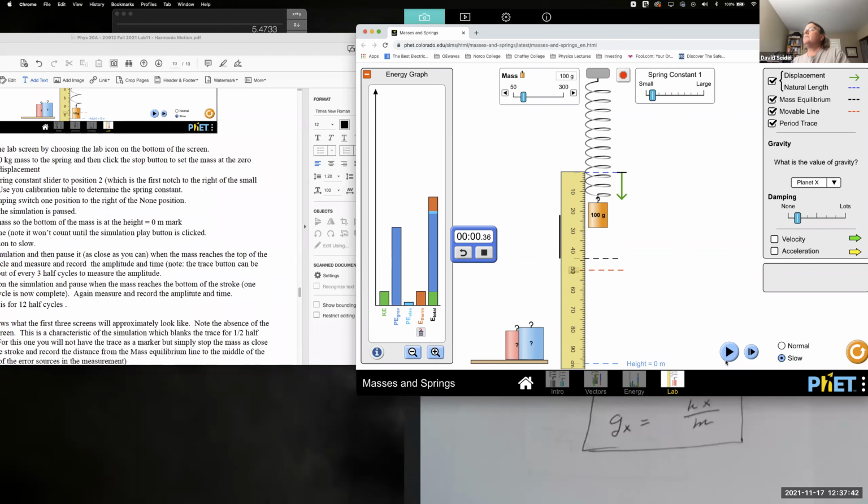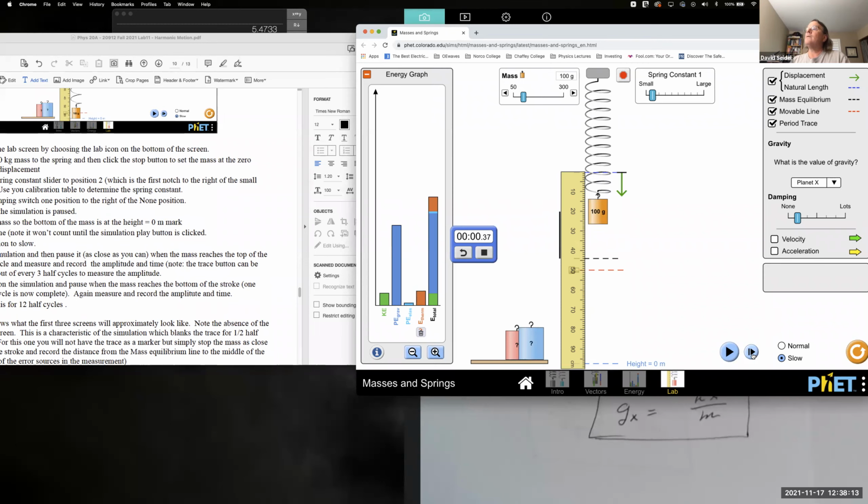Now, when we're looking, I'm looking at my gravitational potential, my elastic potential, and my kinetic energy. I know at the end of a cycle, my kinetic energy is going to be 0. So I'm going to look at my kinetic energy bar. I'm going to go in little steps, 0.01 seconds.